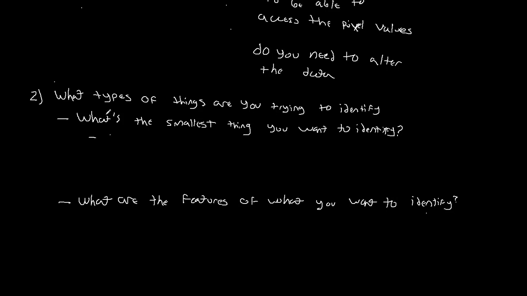As a general rule, when we talk about the smallest thing we want to identify, and this is a term that I think you should commit to memory, what we're talking about is the minimum mapping unit, or the MMU.